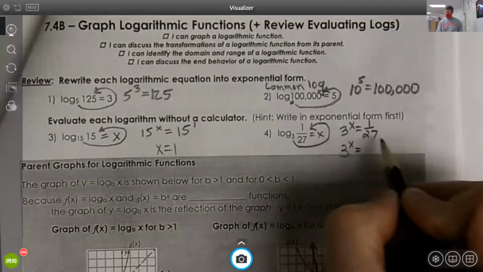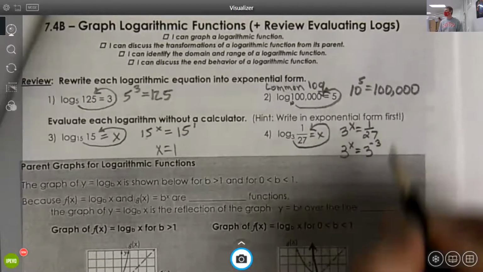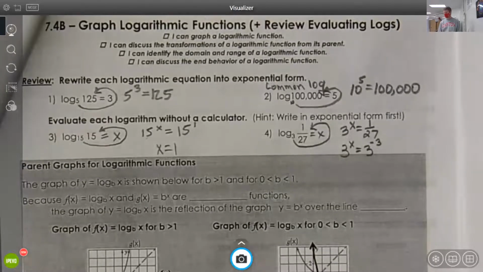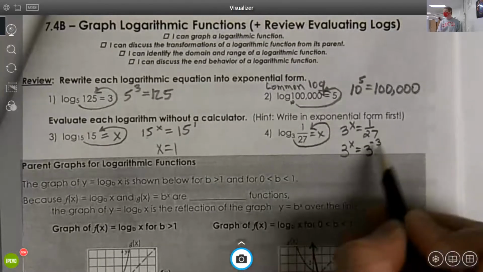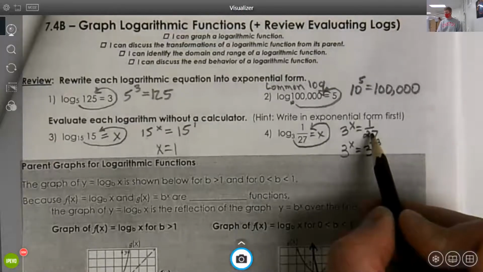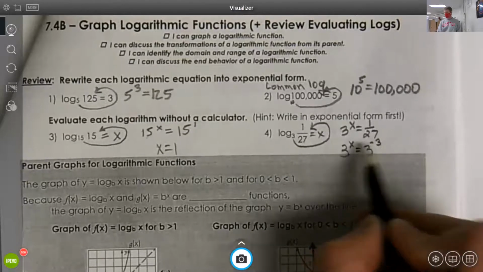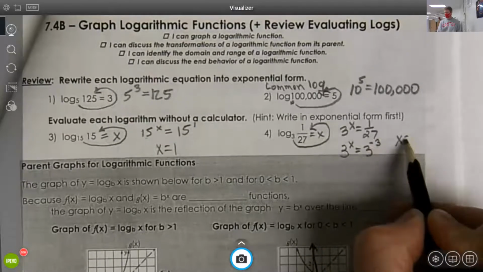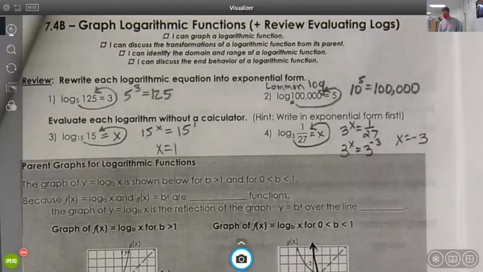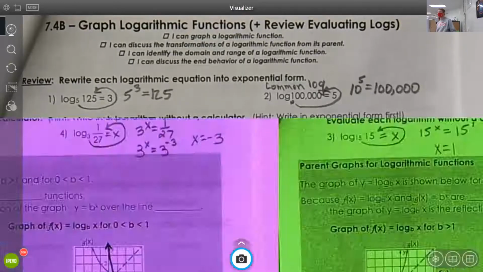To get it out of the denominator, we can say 3 to the negative 3rd power. The 3 cubed is 27. The negative puts it in the denominator. Now the bases are the same, so the x would have to be negative 3. Now we evaluated those all without our calculator.